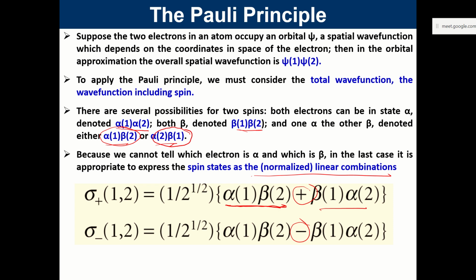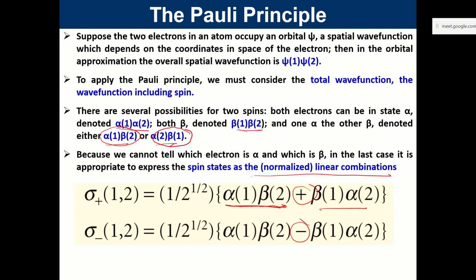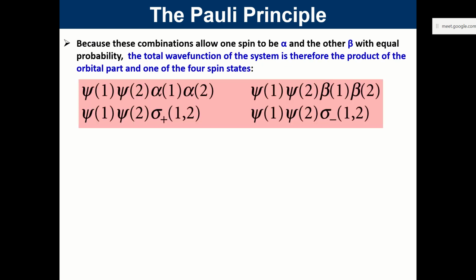Just like we have psi 1 plus psi 2 and psi 1 minus psi 2, that way you are writing here. And then we summarize the total wave function here. We can imagine four total wave functions. At first we realize that when we change the labels 1 and 2, the product remains unchanged.